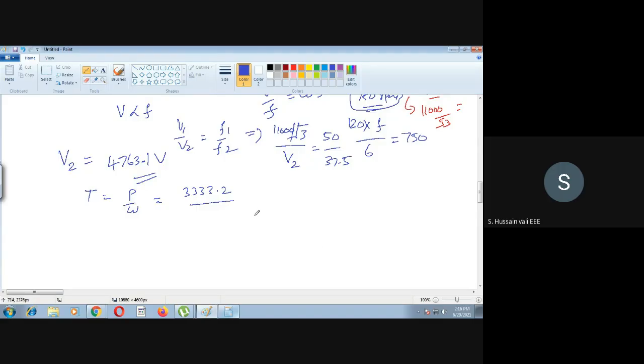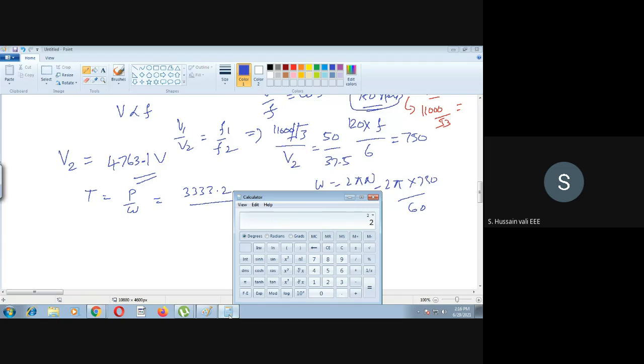So omega is equal to 2 pi n by 60. So 2 pi into 750 rpm by 60. So 2 pi n divided by 60.